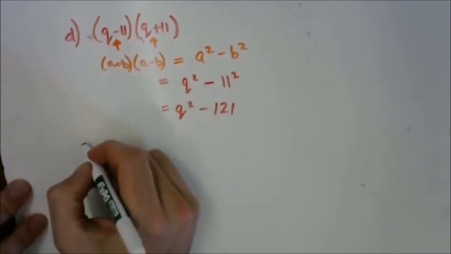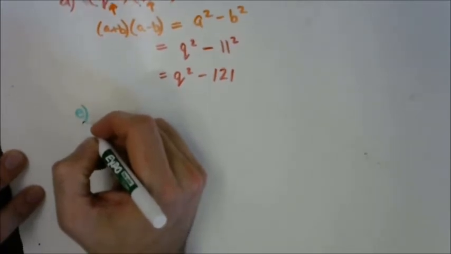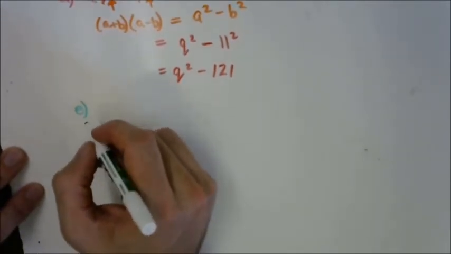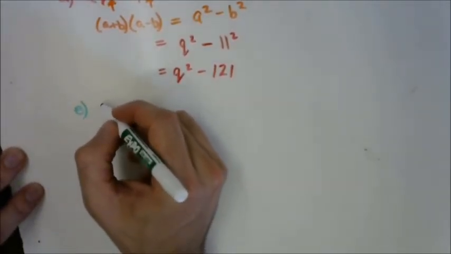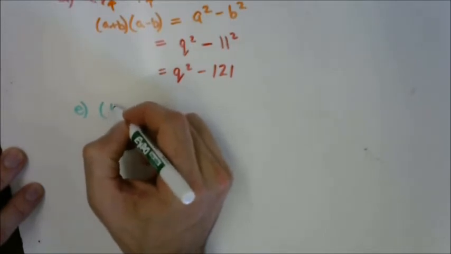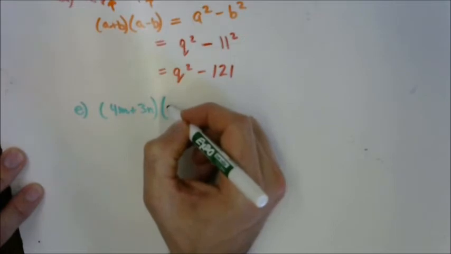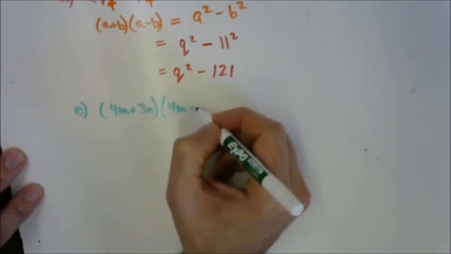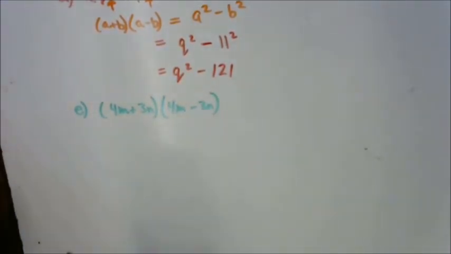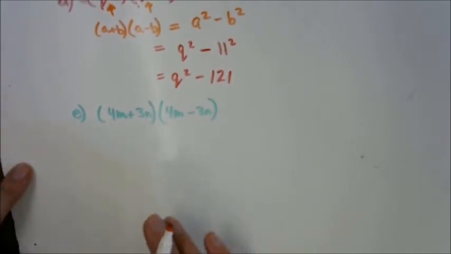And E, our last example under example 1. E is (4m + 3n) times (4m − 3n). What do you see? It's the same thing, right?